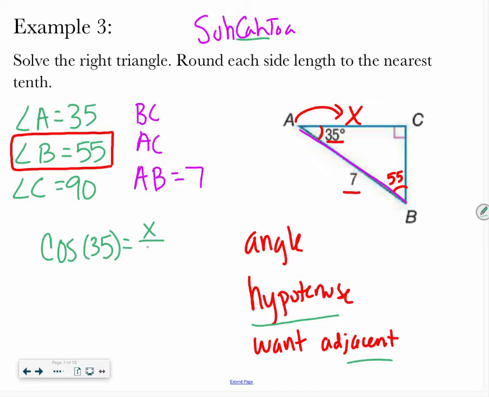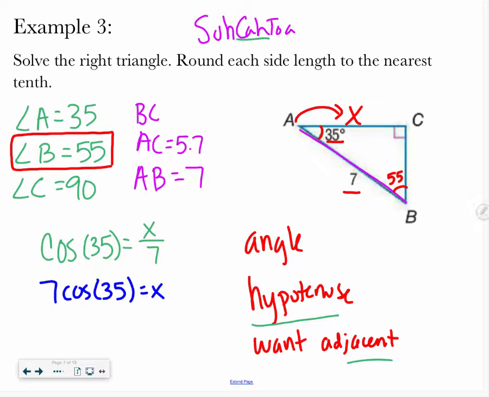Adjacent over our hypotenuse, which is 7. And then we want to solve for x. Right now, x is being divided by 7, so I'm going to multiply both sides by 7. And if I type 7 cosine of 35 into my calculator, I'm going to get 5.7 when I round it to the nearest tenth, like the directions tell me to. So I'm done with AC now.